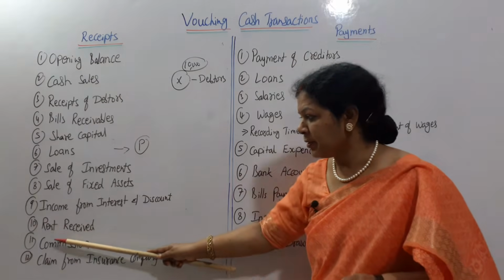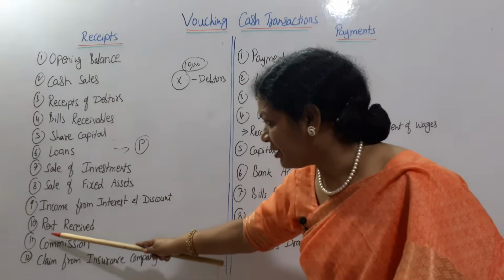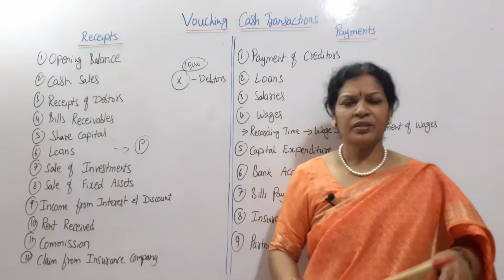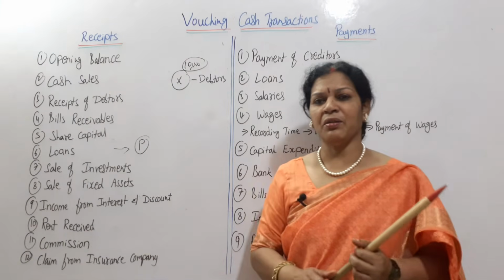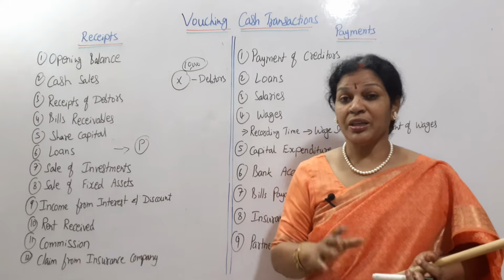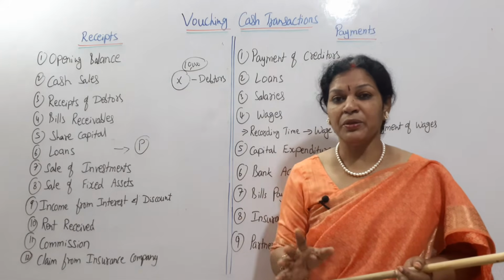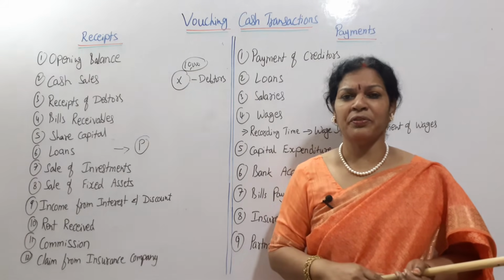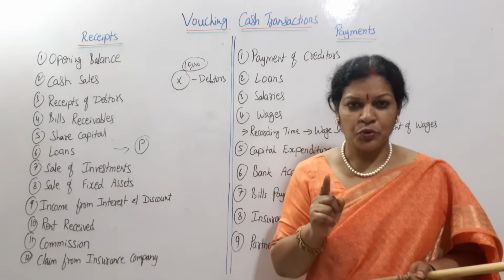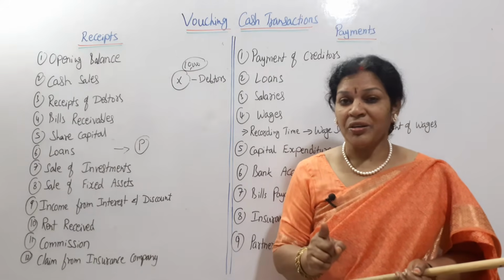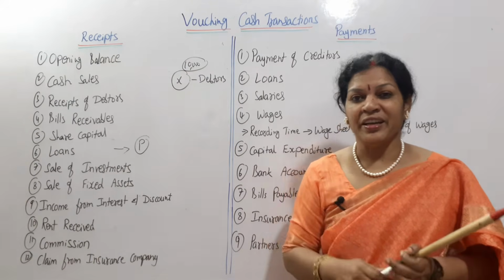In the same way, next, rent received. Sometimes the company has a lot of property, and that entire property they may not be using. They are giving some property for rent purposes. To verify this, the auditor has to go for the rental agreement.